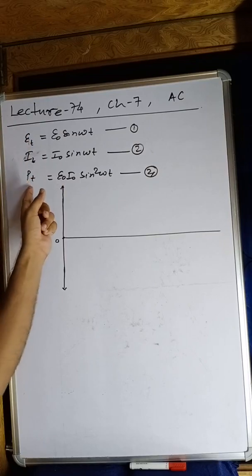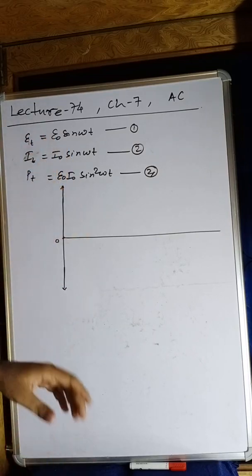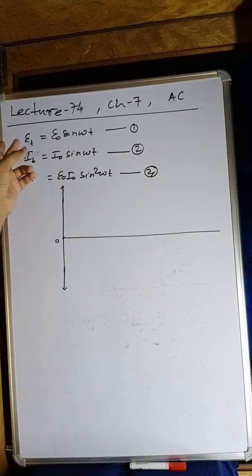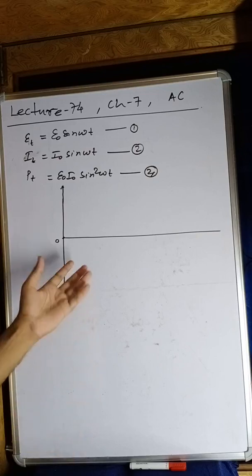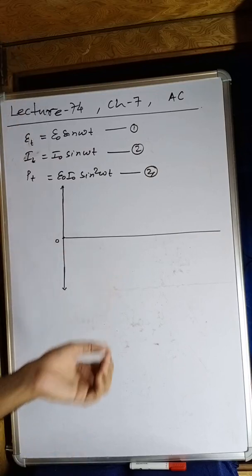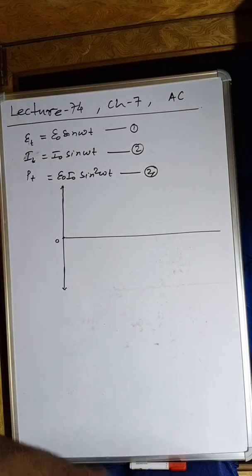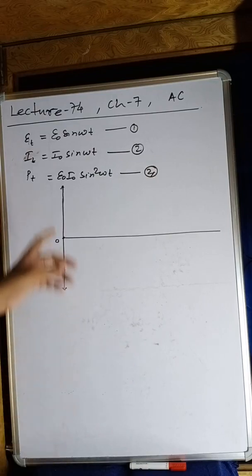P(t) is the product of E naught I naught. But in comparison to E(t) and I(t), which one has the greater amplitude? Because to represent over the graph, we need to find the amplitude as well. We studied in the last lecture, if you go to my previous lecture, you will find that E(t) has the greater amplitude.